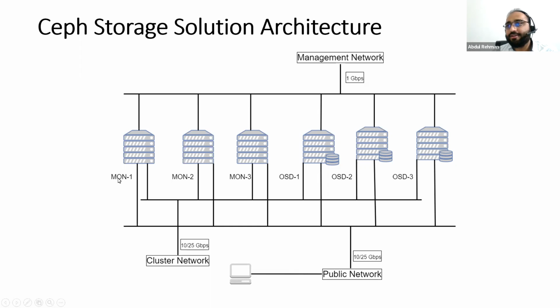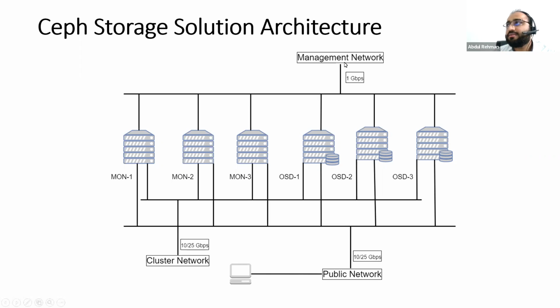We can run Mon and MGR on the same server, and OSDs should run separately. And in case of OpenStack, if you have an OpenStack controller with enough resources, you can run Mon and MGR on that controller as well. The Mon and MGR services will be running on OpenStack, and then these OSDs will be connected to that Mon and MGR service.